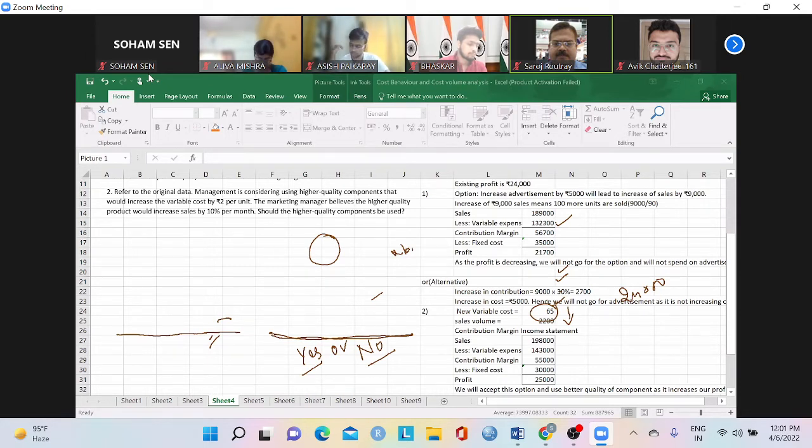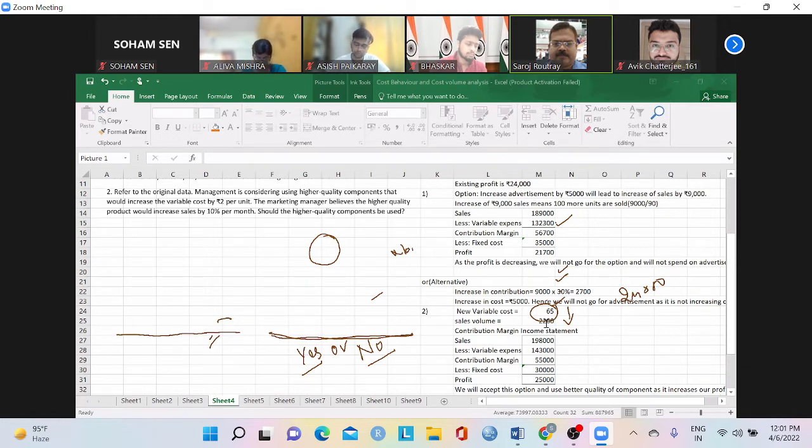Your variable expenses will increase, so that will become, instead of 63, 65. And what else will happen? The volume of sales will increase. 2000 will become 2200. Let's take that and find out what is happening.